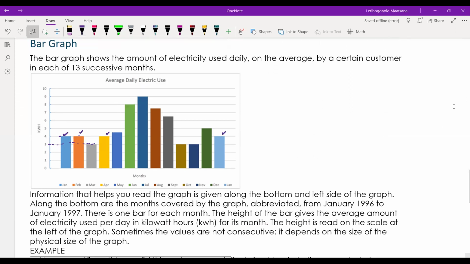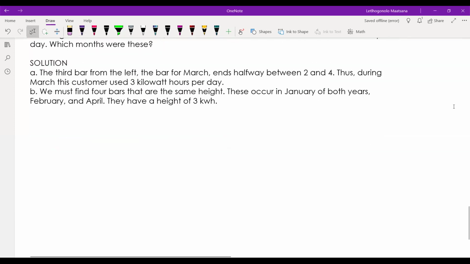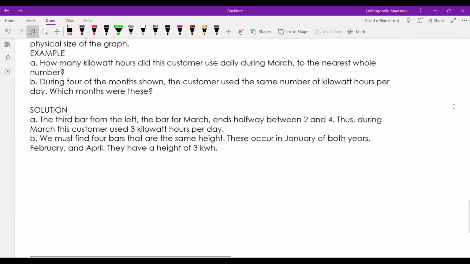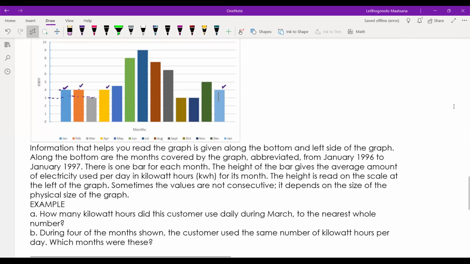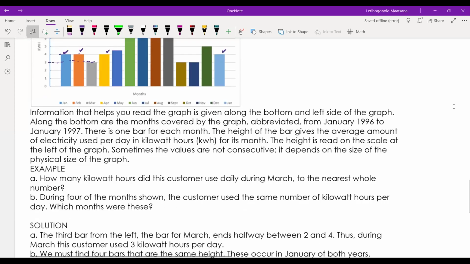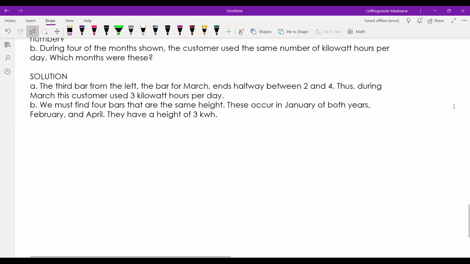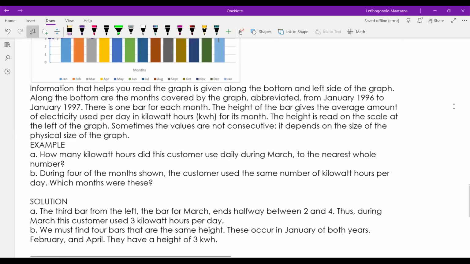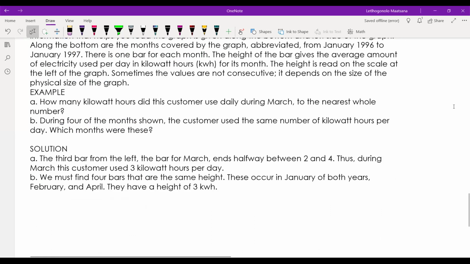And the question wanted to know during which 4 months the customer used the same. So we can see this is January, February, April, and January the next year. And this person here used 4 kilowatt hours.